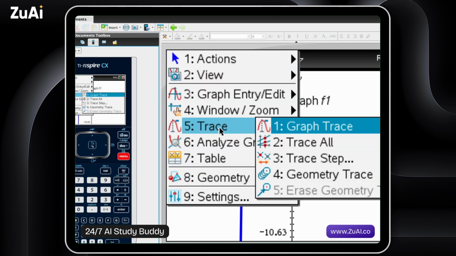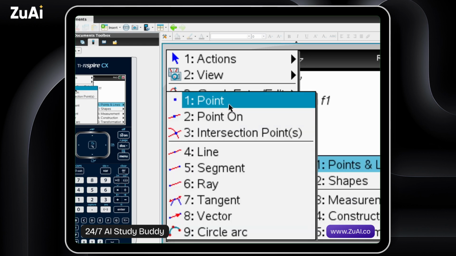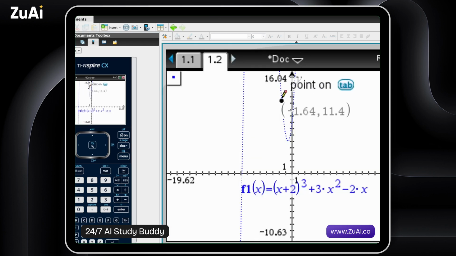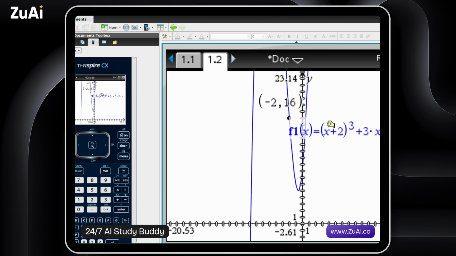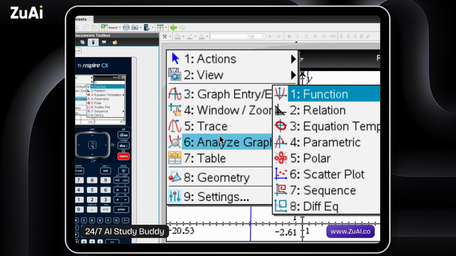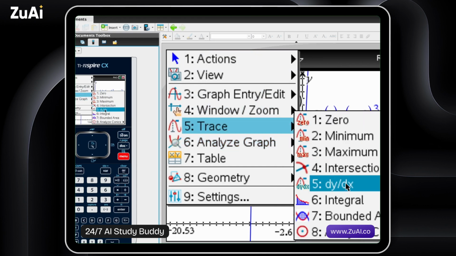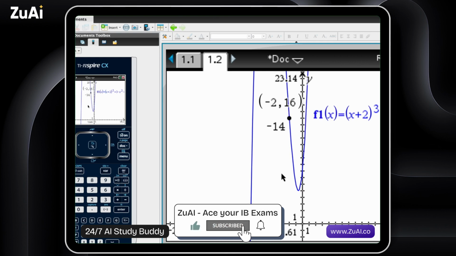Graph trace. Let's actually create a point, and let's set the point at x is equal to -2. A little cluttered. Let's move this over here. So we've got the point x is equal to -2. And now let's find the derivative dy/dx at this point. And there it is once again, -14.